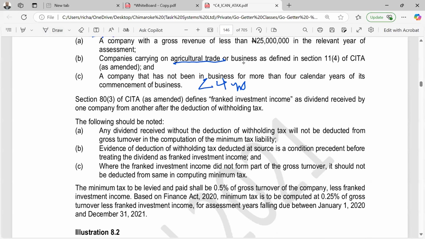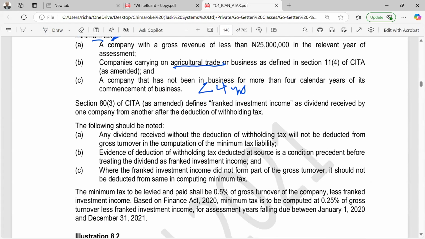So, any dividend received without the deduction of withholding tax will not be deducted from the gross turnover in the computation of minimum tax liability. This is because they have not deducted withholding tax. So that means it is no longer a frank investment income. But once it is frank investment income, it has suffered withholding tax.